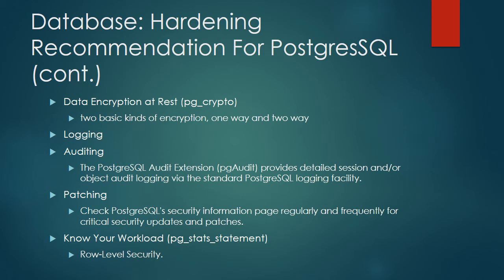Next we have logging. PostgreSQL provides a wide variety of config parameters for controlling what, when, and where to log. You can enable session connections, disconnections, long-running queries, temp file sizes, and so on. This can help you get a better knowledge of your workload in order to identify odd behaviors.